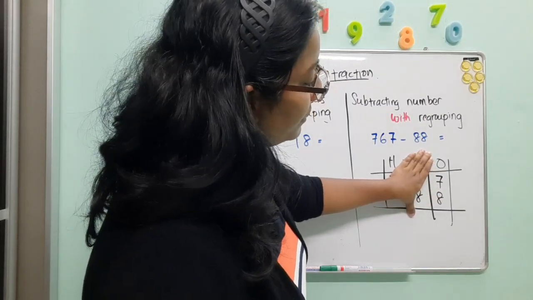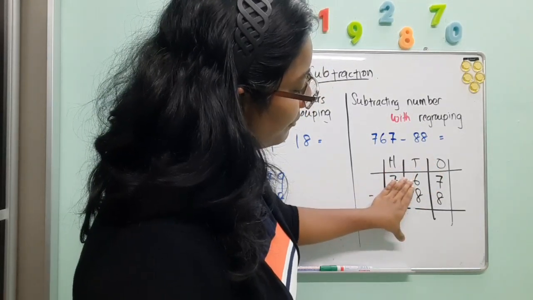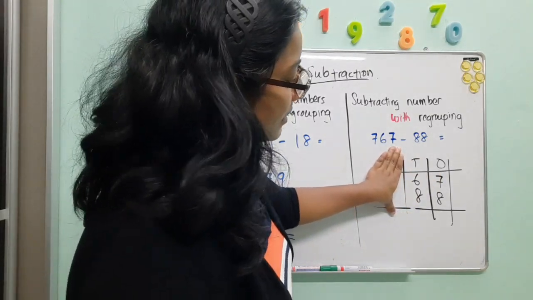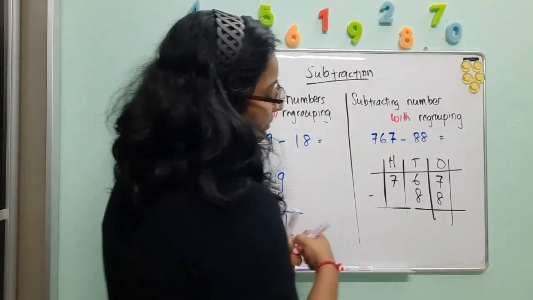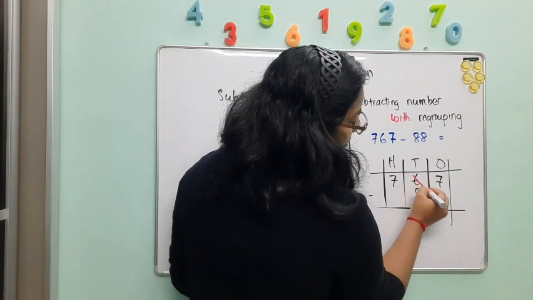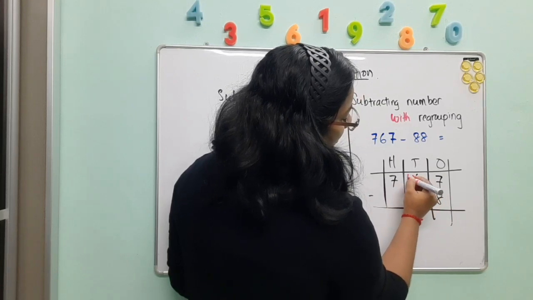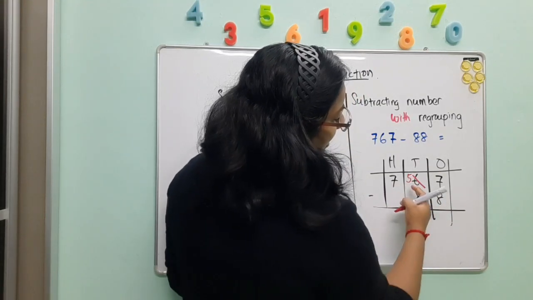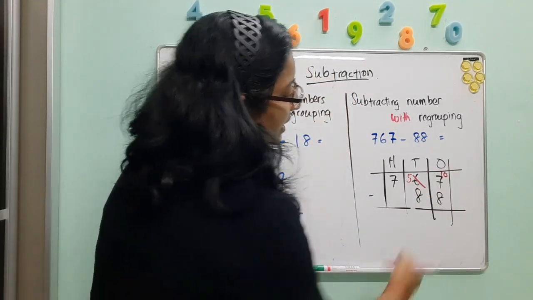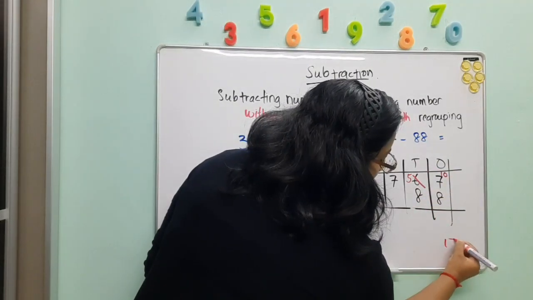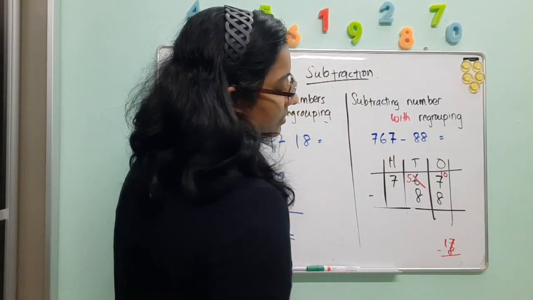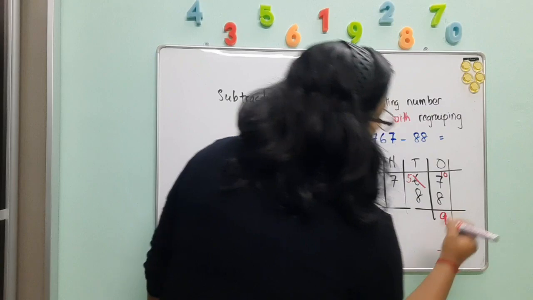Therefore, we need to borrow 10 from the next place value. So we're going to borrow 10 from 6. Borrow 10 means we are left with 5, and here we're going to add 10. So therefore 17 minus 8. So we will get 9.